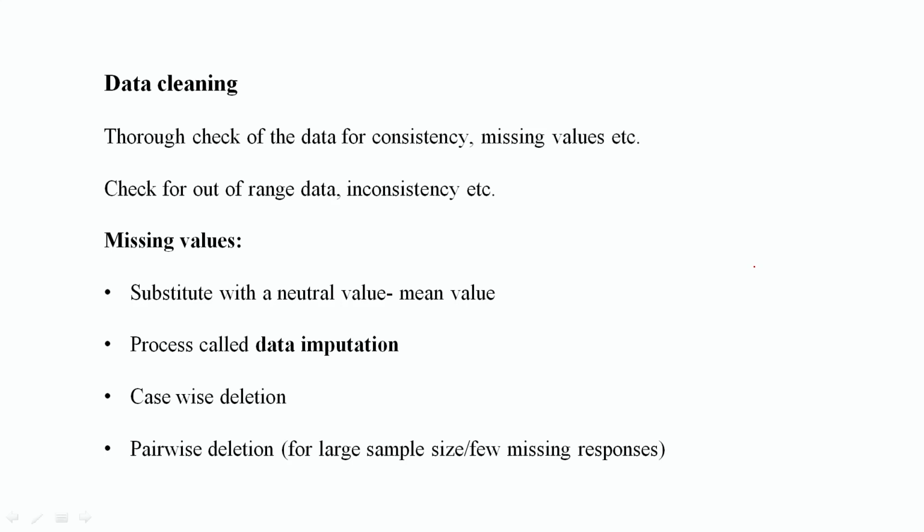This particular process is called data cleaning. So identify inconsistencies, identify the missing data from the spreadsheet that you are using, and then replace missing values; normally we use a technique, data imputation or case-wise deletion, or at times pair-wise deletion.